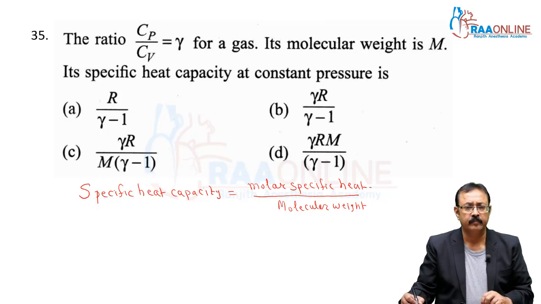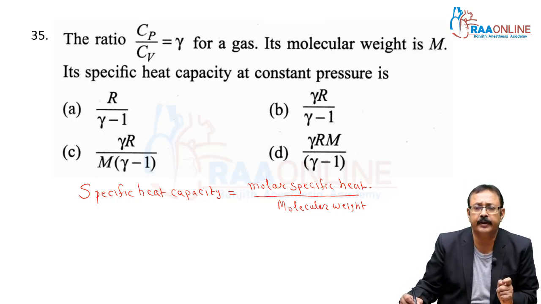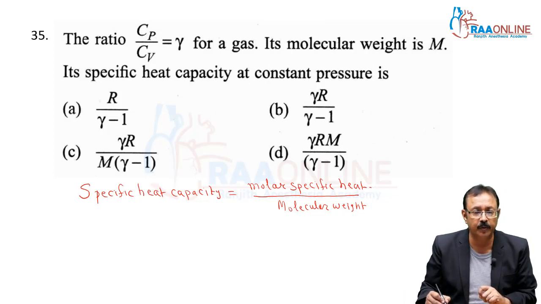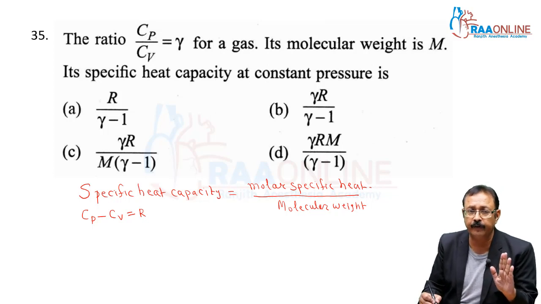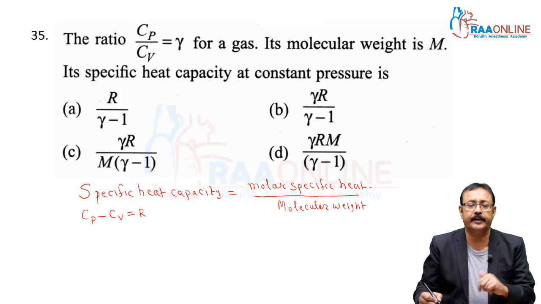So, we want to calculate molar specific heat at constant pressure. We know that Cp minus Cv is equal to R. First we are going for molar specific heat.